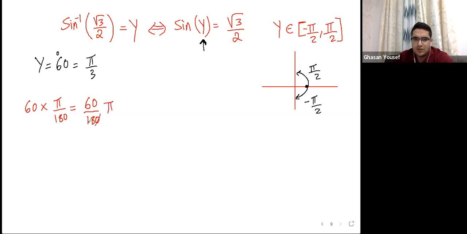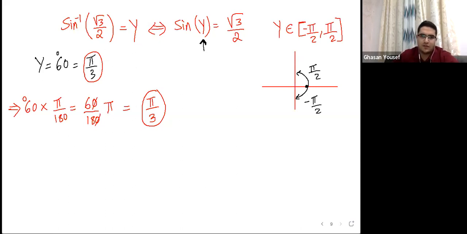You can reduce the 0 with the 0 and the 6 with 18, and you will get pi over 3. So the angle here should be 60 or pi over 3. So the answer is y equals pi over 3. Okay, I will give you another example, same technique.